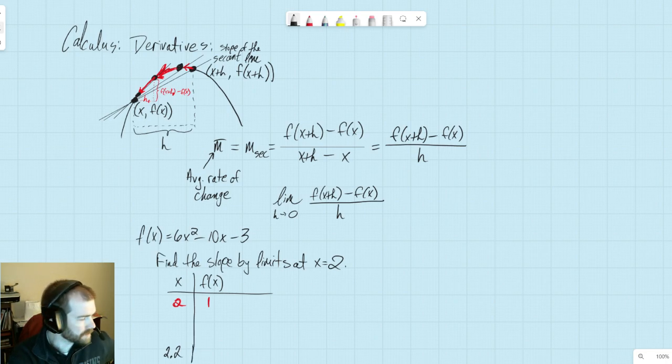Now I don't know what that is offhand, so generally speaking I grab a calculator for this. 2.2 squared is 4.84, times 6 is 29.04, minus 10 times 2.2, which is 22, so that's 7.04. Minus 3 is 4.04.